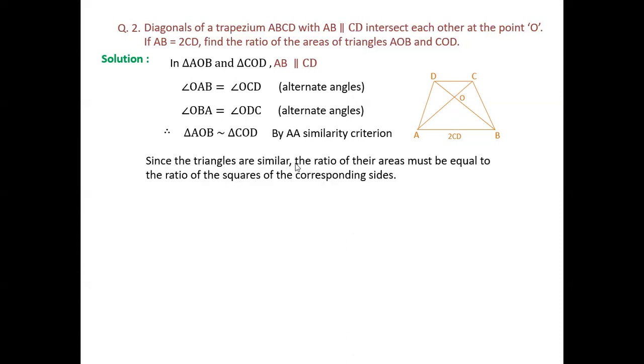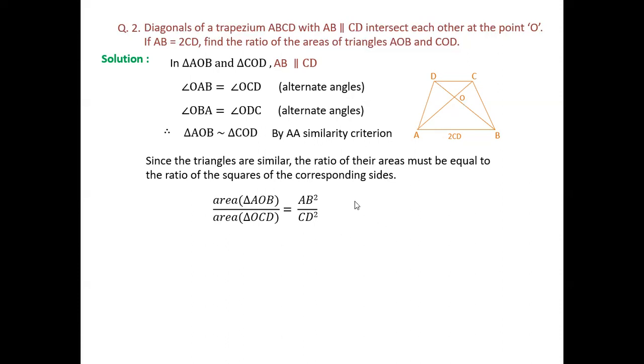So since the triangles are similar, the ratio of their areas must be equal to the ratio of the squares of the corresponding sides. The area of triangle AOB upon area of triangle COD is equal to AB square upon CD square.